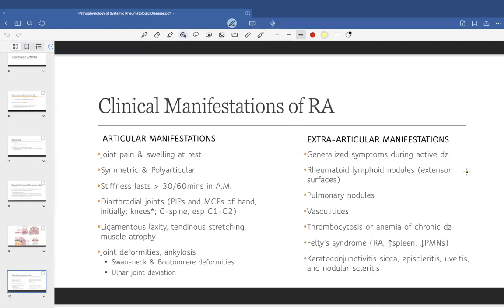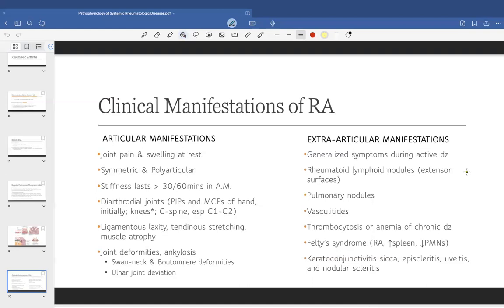You can see pulmonary nodules, as I said. You can have subcutaneous nodules. They're often near the joint or around some of your tendinous structures. You can have a thrombocytosis or even anemia of chronic disease.